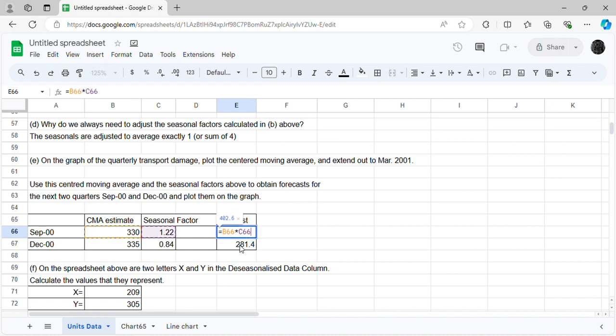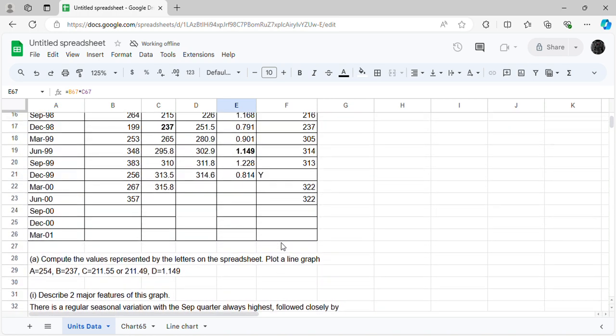And we have 402.6 for September 2000 and 281.4 for December 2000. So let's put these values here. Let's make it bold.